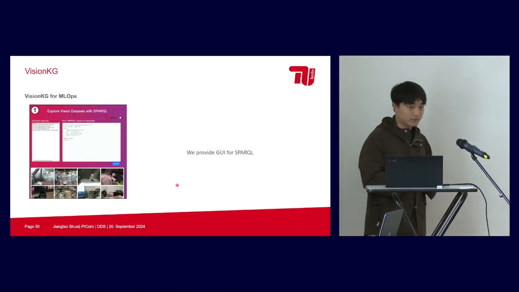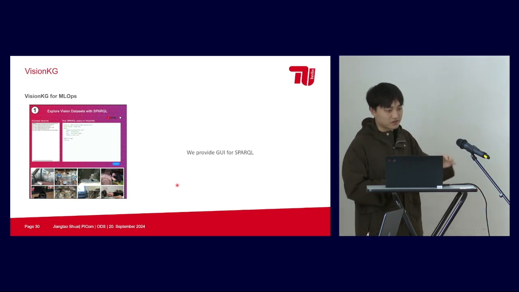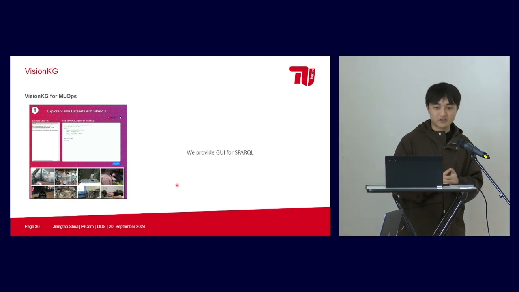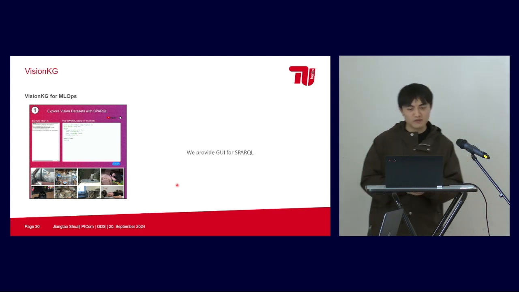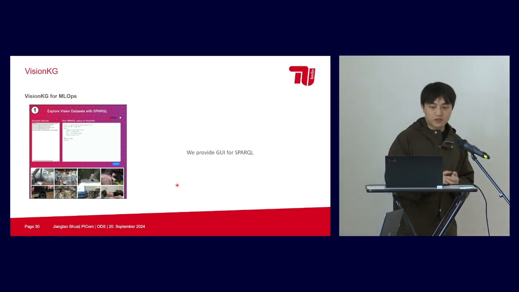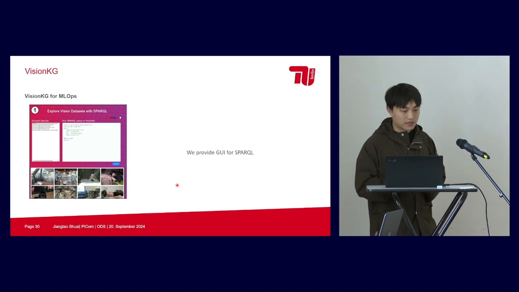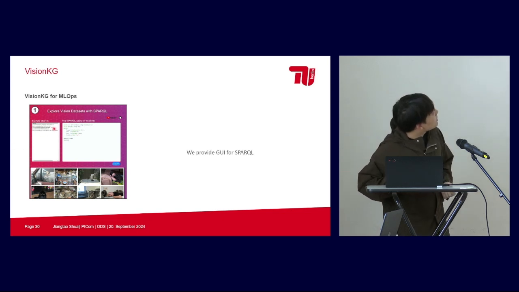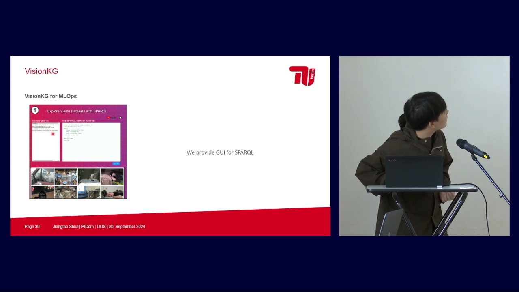So this is the pipeline, and these are the features and functions of Vision KG for machine learning operations. Our Vision KG provides a GUI, a graphic user interface for SPARQL, as you can see in this picture. Here, these are example queries, for example, the images on which YOLOv4 can detect something.